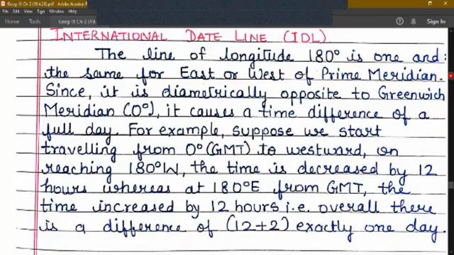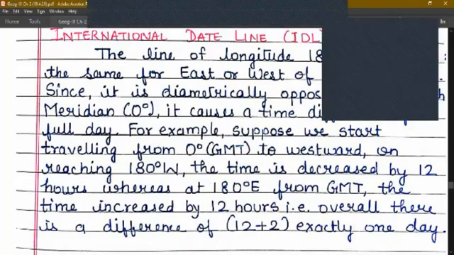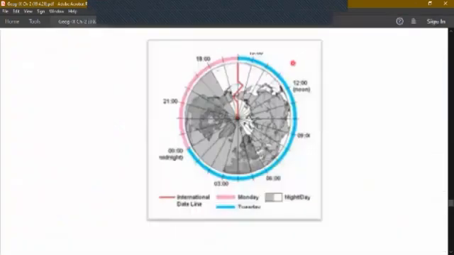Since it is diametrically opposite to the Greenwich meridian, it causes a time difference of a full day. So if in the prime meridian it is midnight, it will be 12 noon at the opposite side.